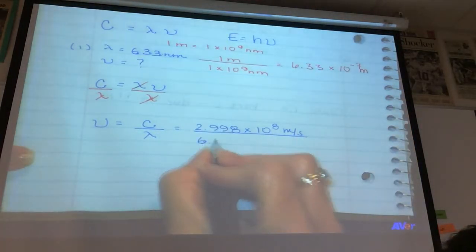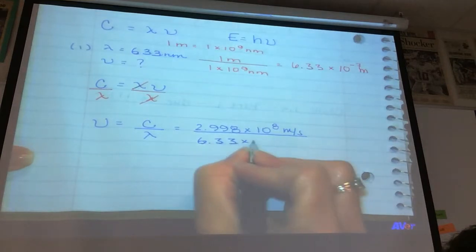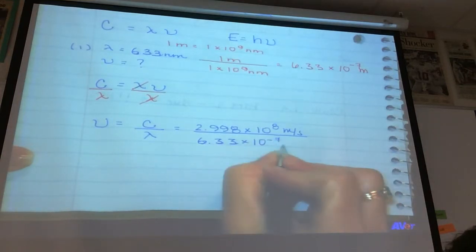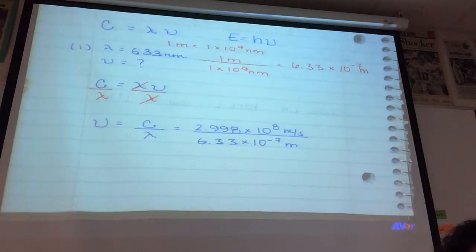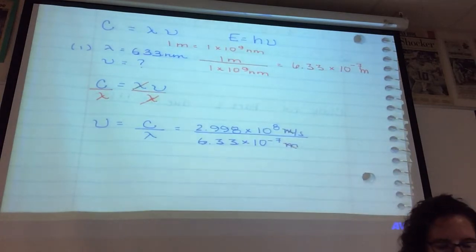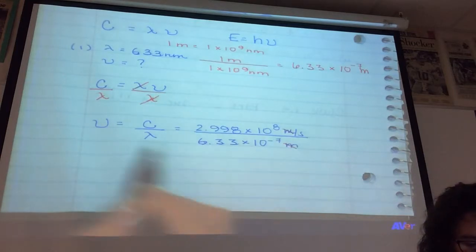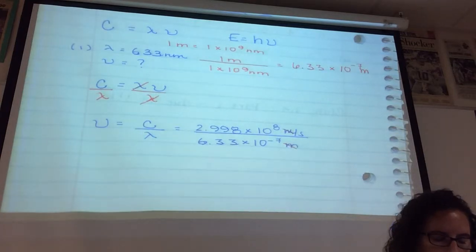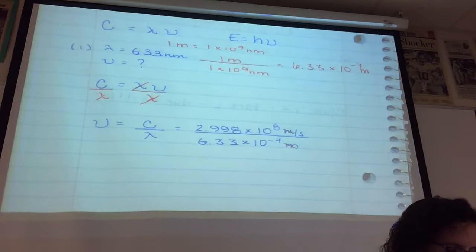I'm going to plug that in here. You need the wavelength in meters, so the meter cancels with the meter as part of the unit of speed of light. You've got 2.998 EE8 divided by 6.33 EE negative 7.